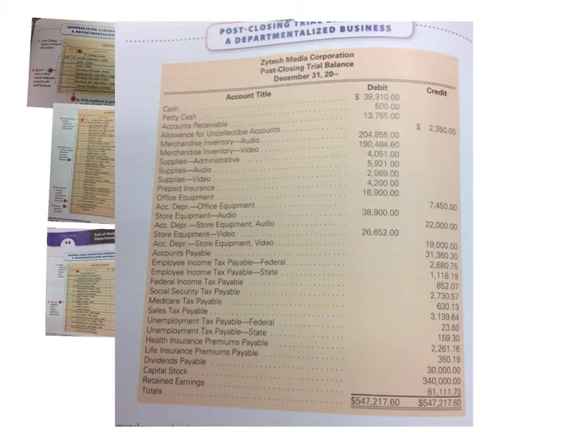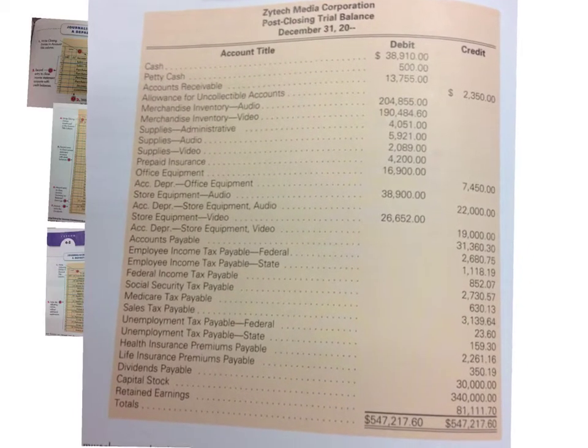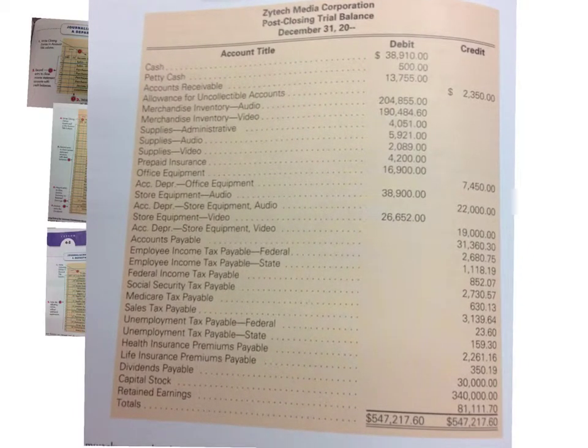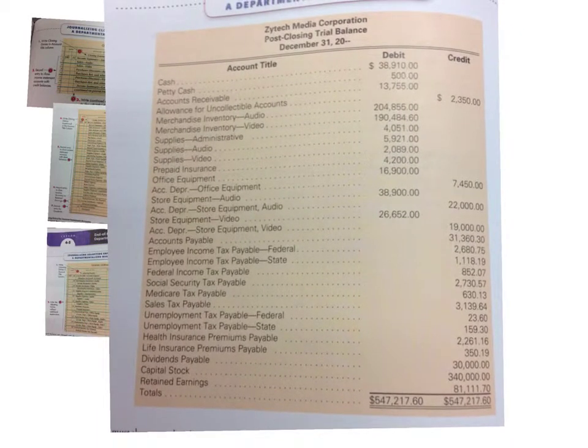Last but not least, you have a post-closing trial balance on page 122 in your book. Post-closing trial balance, after we've done all of our closing entries, we go through and anything that's left with a balance gets written down in our post-closing trial balance. Okay. Remember, this is for a specific date, not a month-ended type of thing. So it's the end of the fiscal year, fiscal period.